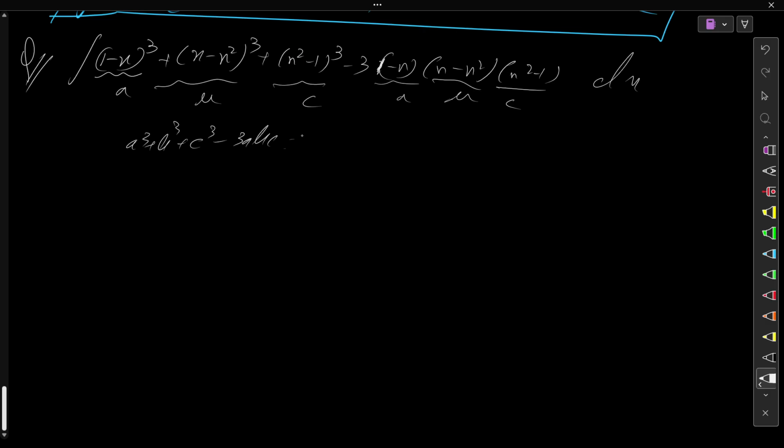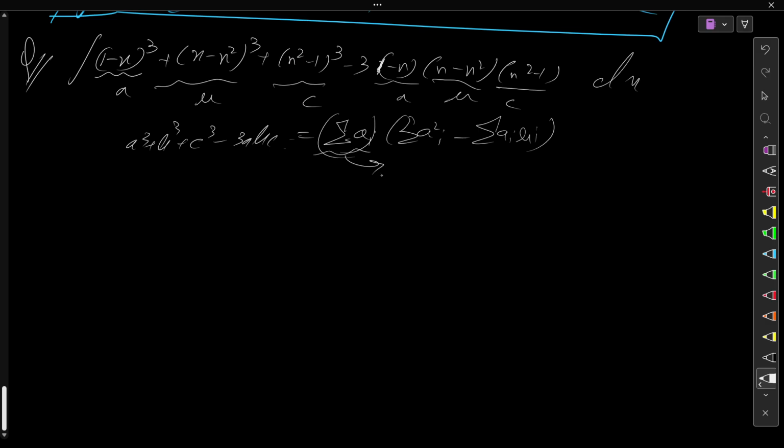Now the thing to be observed is that this could be written as (a plus b plus c) multiplied by (a square plus b square plus c square minus ab minus bc minus ca), or directly as the summation of ai multiplied by the summation of ai square minus the summation of ai bi.